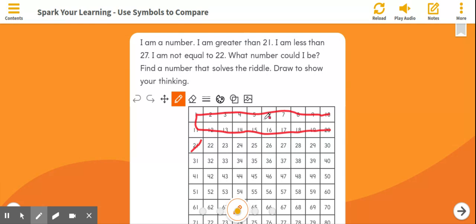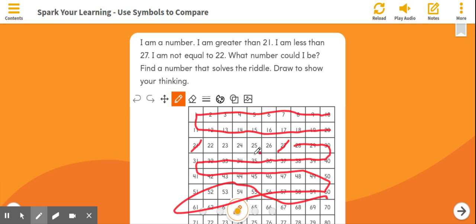Let's go on to the second clue. I am less than 27. So here's 27. It can't be 27. It has to be less than 27. All of these numbers are bigger than, greater than 27, so it can't be any of them. Just cross those out.